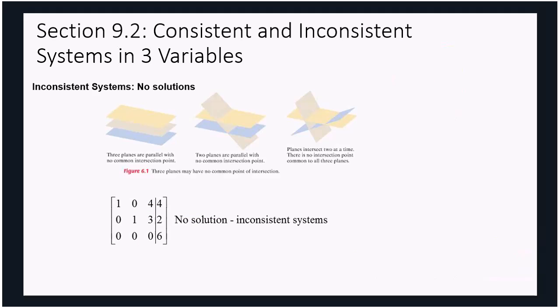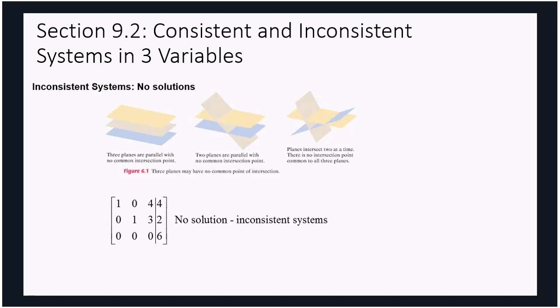When you look at a matrix, and you're trying to find out how many solutions there are, the first thing you're going to look for is this diagonal row of ones. And you can see here at the bottom, we're missing a 1, and we have all zeros, and then our constant is a 6.